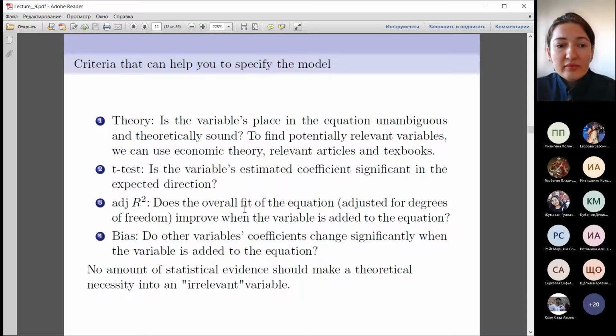And the last main criterion is: do other variables' coefficients change significantly when the variable is added to the equation?